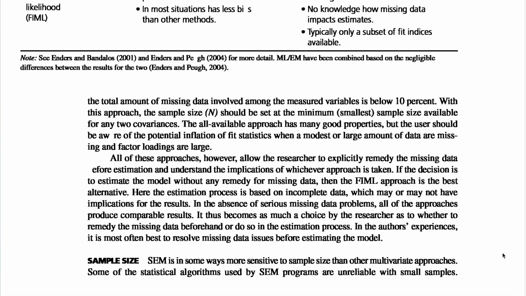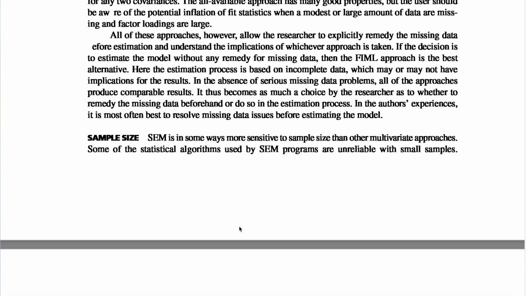In the absence of serious missing data problems, all of the approaches produce comparable results, and it becomes much a choice by the researcher whether to remedy the missing data beforehand or do so in the estimation process. In the author's experience, it is most often used to resolve missing data issues before the estimation of the model. Let's talk about the sample size.